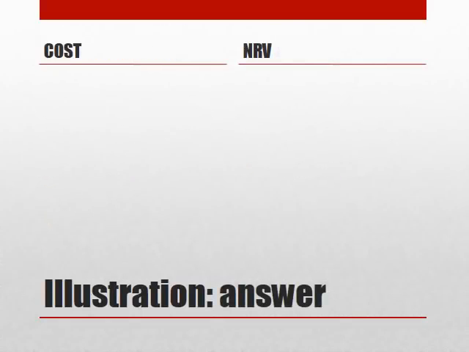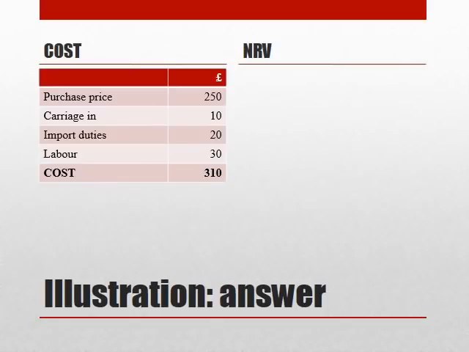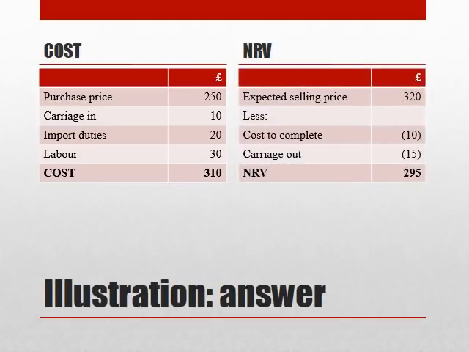So let's have a look at our answer. The cost is there in the table on the left. We've taken all of those different costs, added them up, and that gives me an overall cost of £310. The net realisable value, well, we start with the amount we think we should be able to sell this item for, and then deduct any costs that we think we would incur in achieving that selling price.